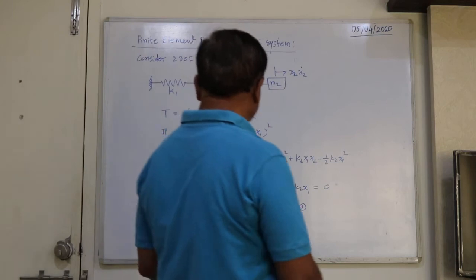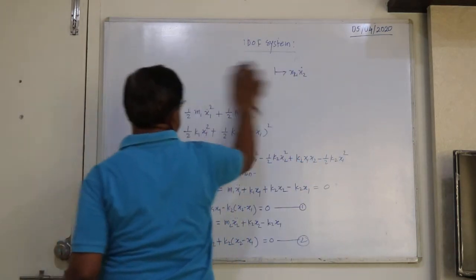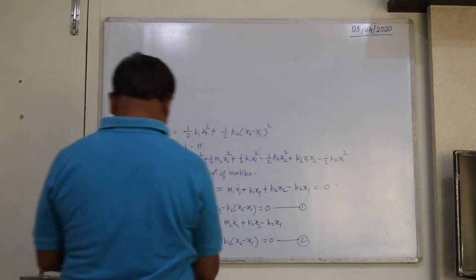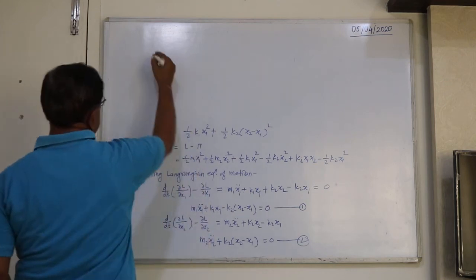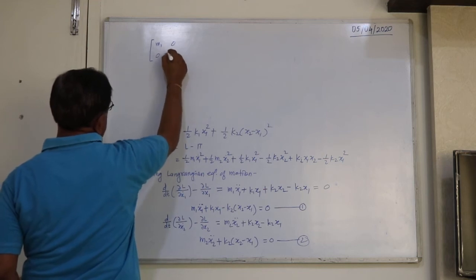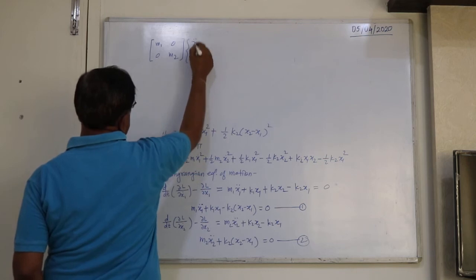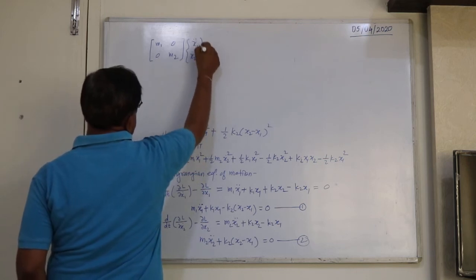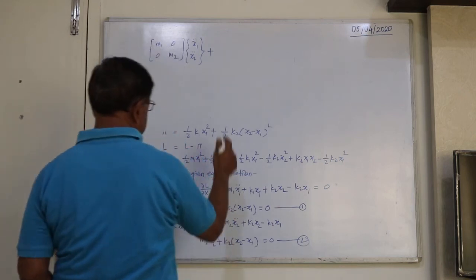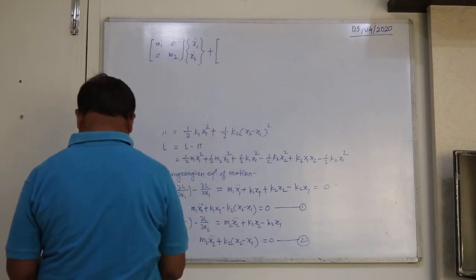Let's write down these two equations in matrix form. The first matrix is m1, 0, 0, m2, times the accelerations, plus the stiffness matrix. This is for free vibration, remember.